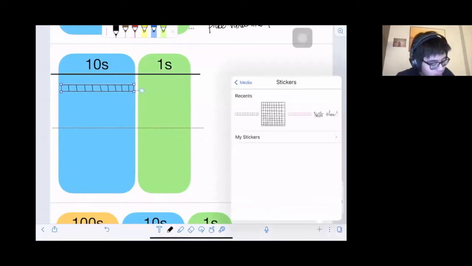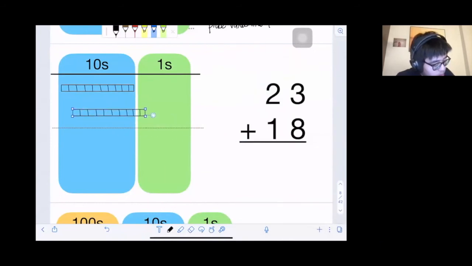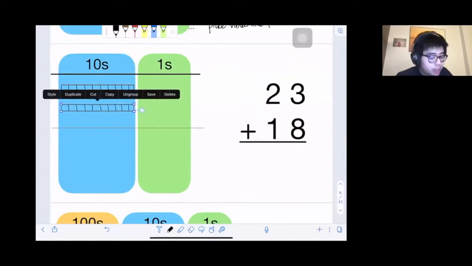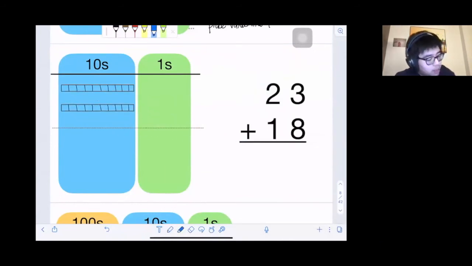So 1, 2, sa tens place, no? Actually, ito yung 2, naging 2. Pero yung dalawa, ibig sabihin dalawang bar na 10, no? Whereas sa ones place, of course, place value, ibig sabihin tatlong butaw na isa lang.